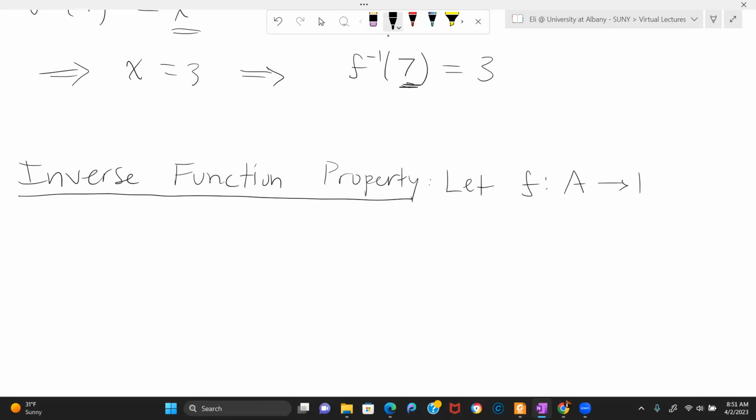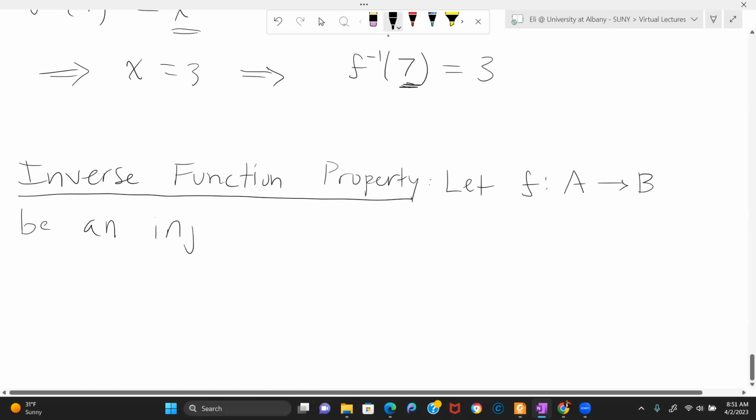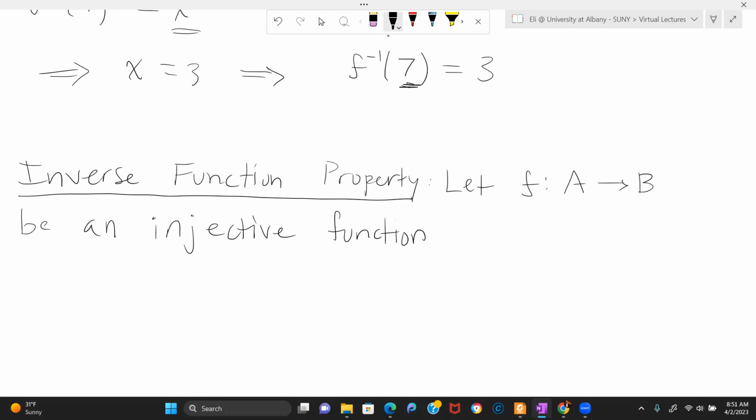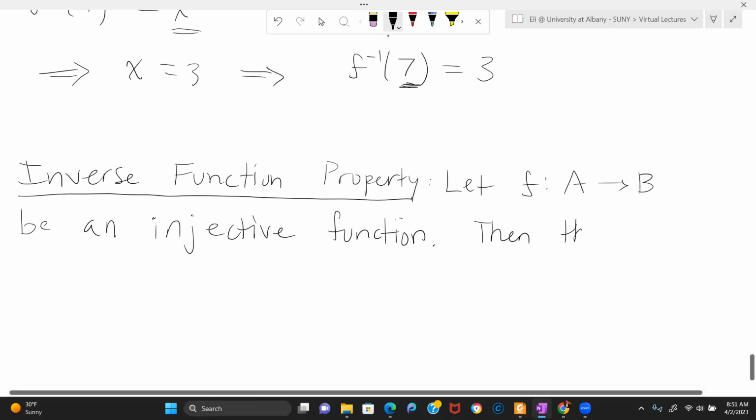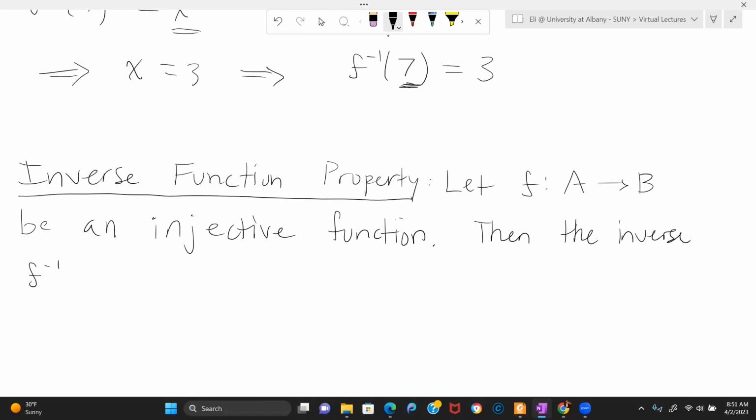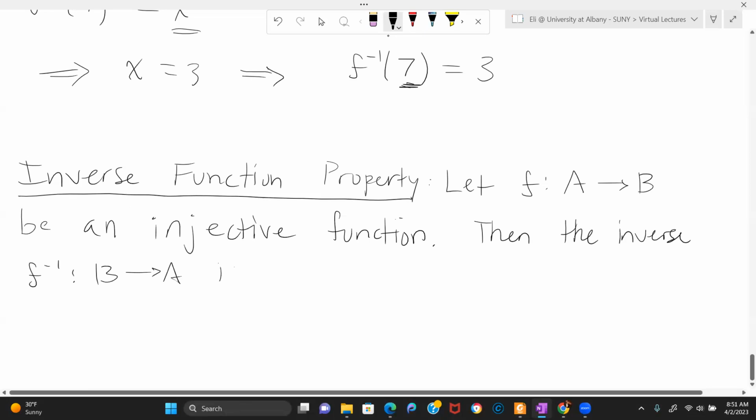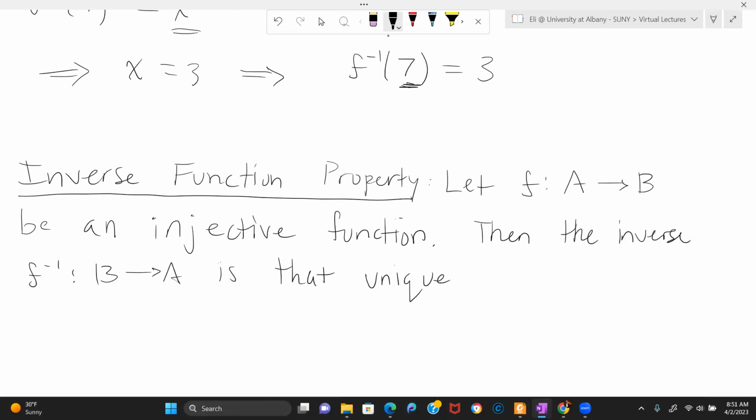You take f to be a function from A to B. Let's say it's not just any function, but let f be an injective function. Then the inverse, f inverse, which is a function from B to A, is that unique function. This is important. It's unique. It's the only function that's going to satisfy the following two properties.